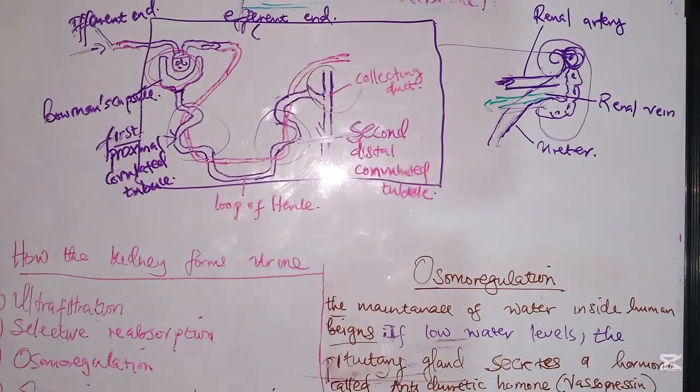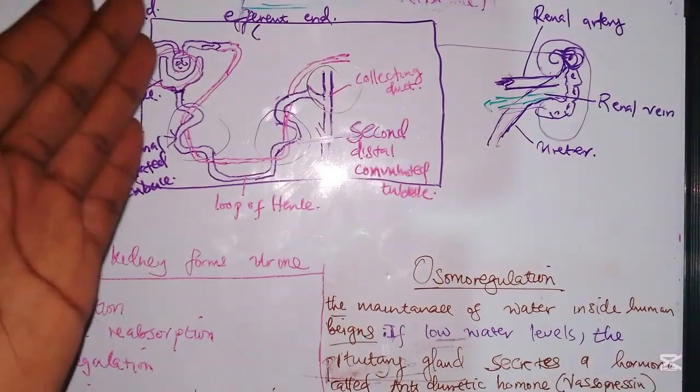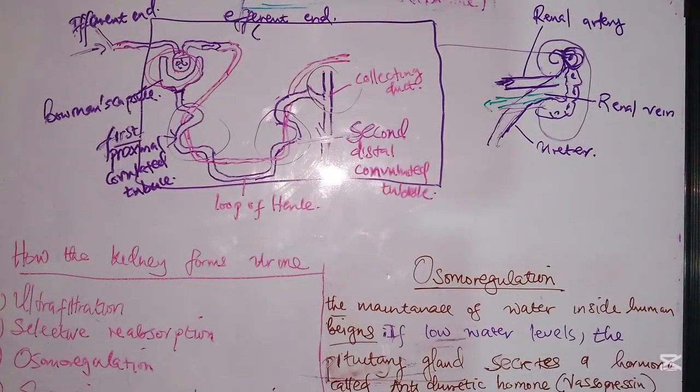Then when the glomerular filtrate, the fluid which has passed the filter, reaches the first proximal tubule, all the glucose will be reabsorbed back into the bloodstream. Then when it reaches the second convoluted tubule, this is where some water and some mineral salt will be reabsorbed back into the bloodstream.